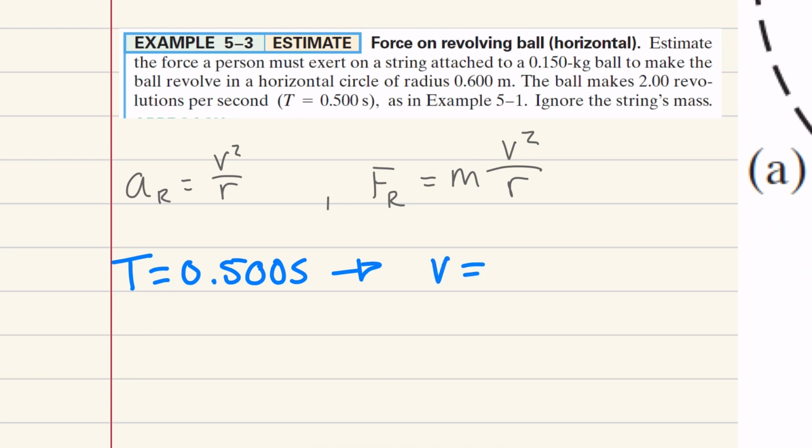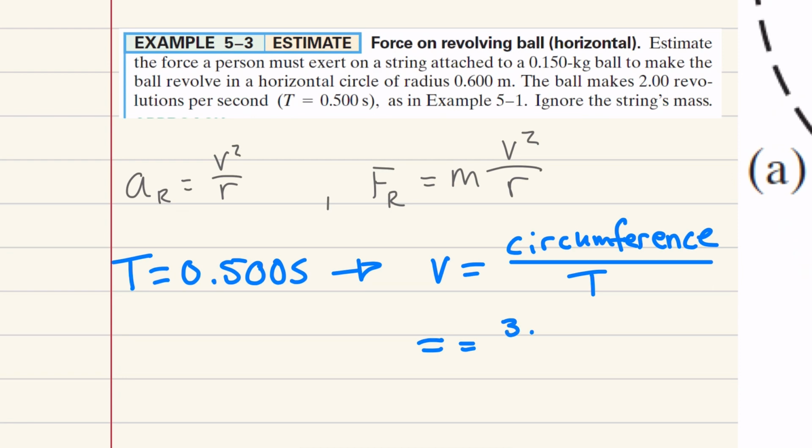Our linear velocity is going to be equal to the circumference of our circular motion, which is easily calculable considering we have the radius, divided by the period. If our radius is 0.6, we multiply that by 2 pi to get the circumference. So v is equal to about, this is a rough estimate, 3.77.